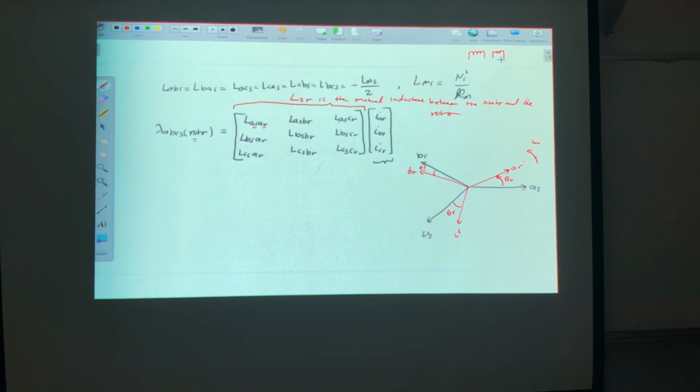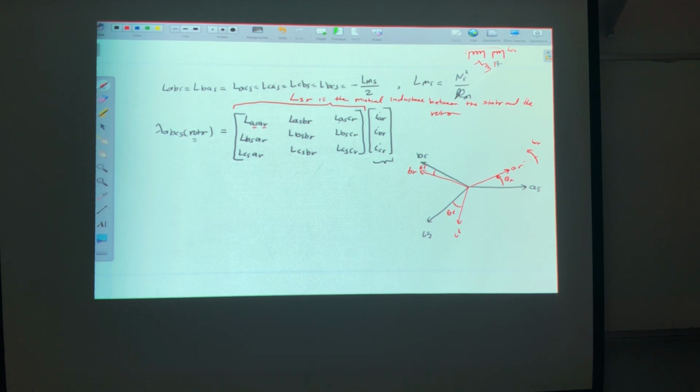If they are aligned with each other, which means that the flux will be supported, then I'm having the maximum coupling. So I will call the maximum coupling LSR. Now, if the rotor is rotating, imagine that the rotor becomes here.